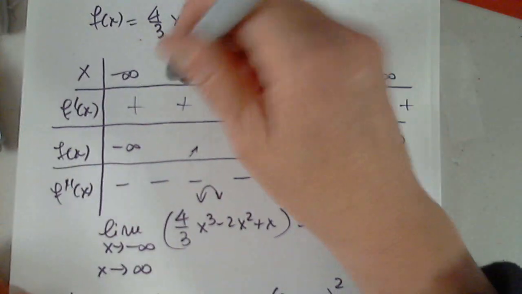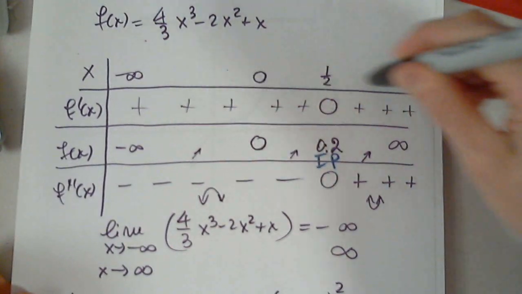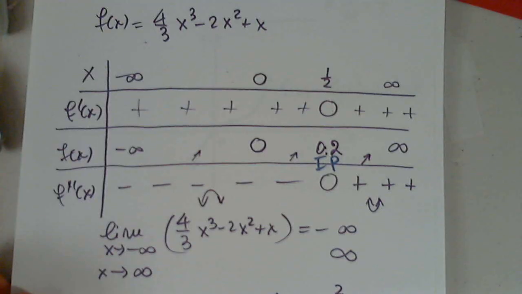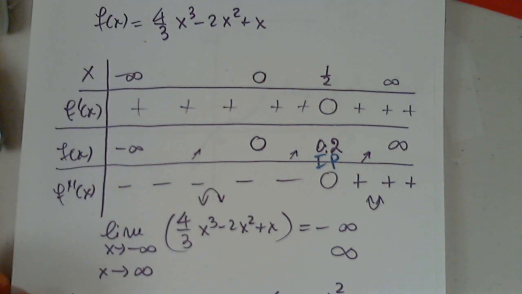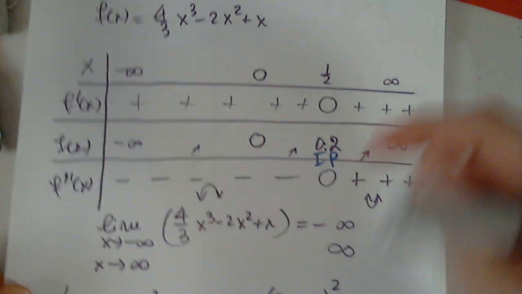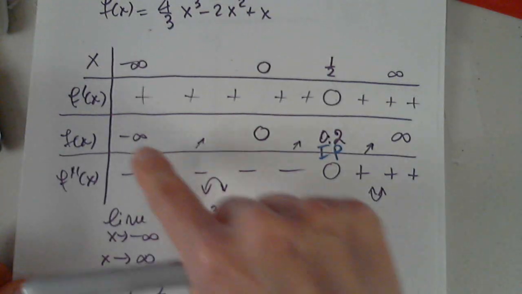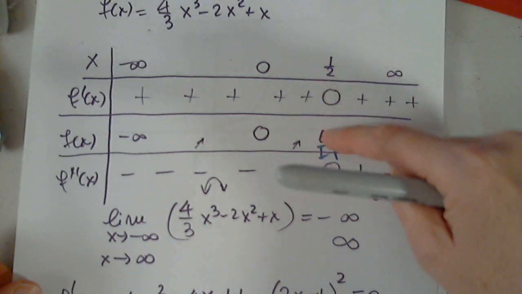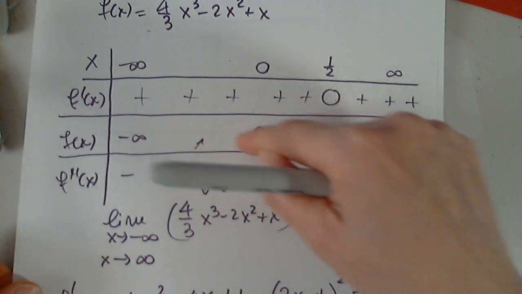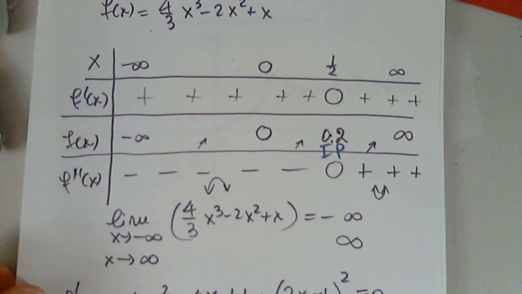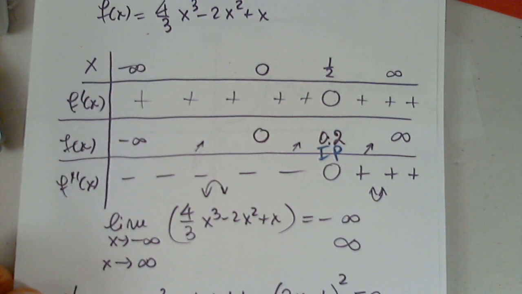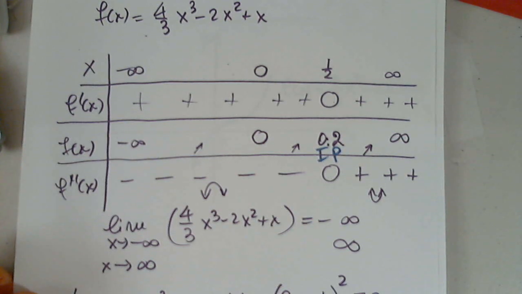If you have 10 numbers here, you have to have 10 numbers here corresponding to each, because otherwise you will not be able to plot them. You are not plotting the first derivative. You are not plotting the second derivative. You are plotting x comma y, x comma y, x comma y. And if you don't have the corresponding y value, you will not be able to plot the point. Is that what you meant? Did I misunderstand, or is that okay?